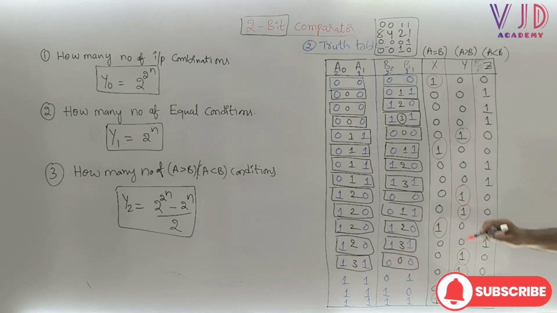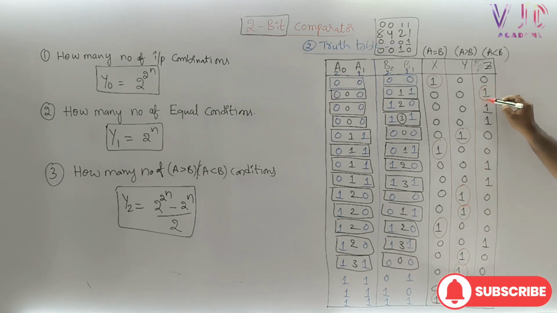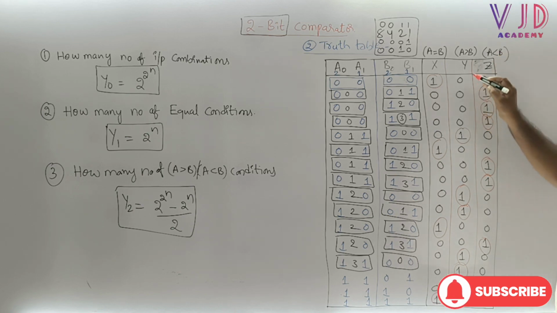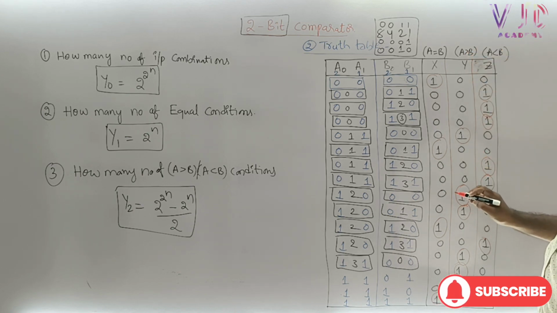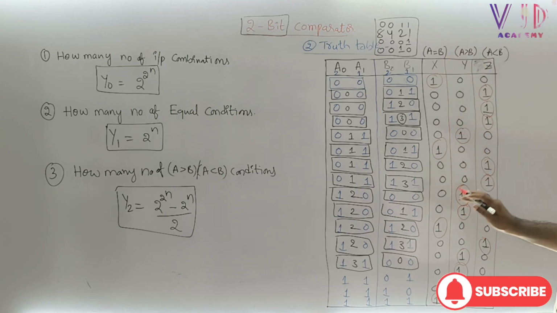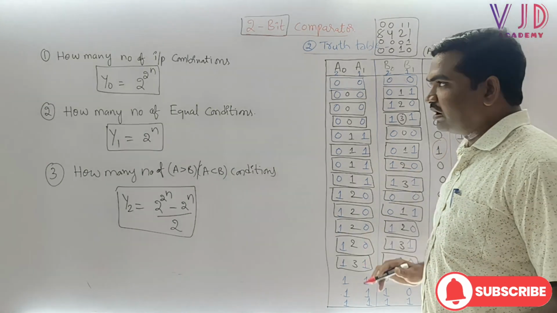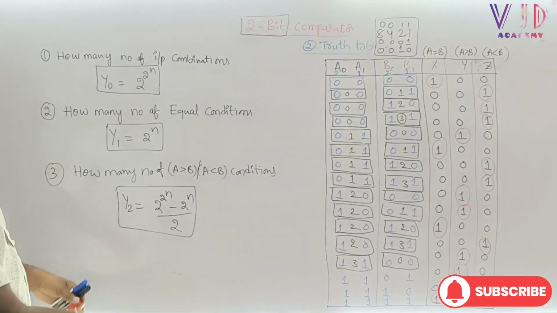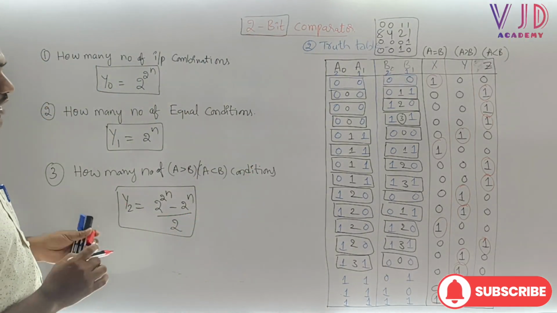And coming to A less than B, 1, 2, 3, 4, 5, 6 conditions. Total A less than B 6 conditions, A greater than B 6 conditions, and A equal to B 4 conditions. Total 16 combinations. Let us see whether this calculation is possible by using these equations.